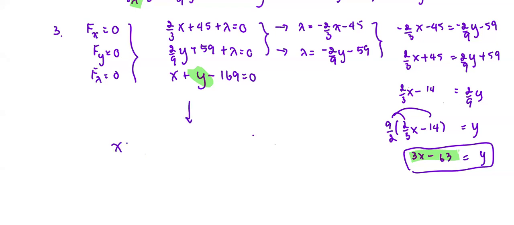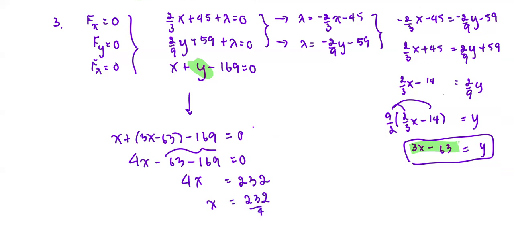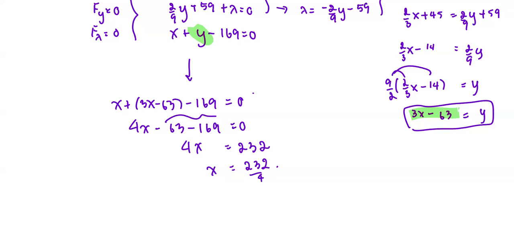And then we're gonna replace the y here with 3x minus 63. So we get x plus 3x minus 63 minus 169 equals 0, or 4x minus 63 minus 169 equals 0. 4x equals 232, so move it over to the other side. And then x is 232 divided by 4, which turns out to be 58.